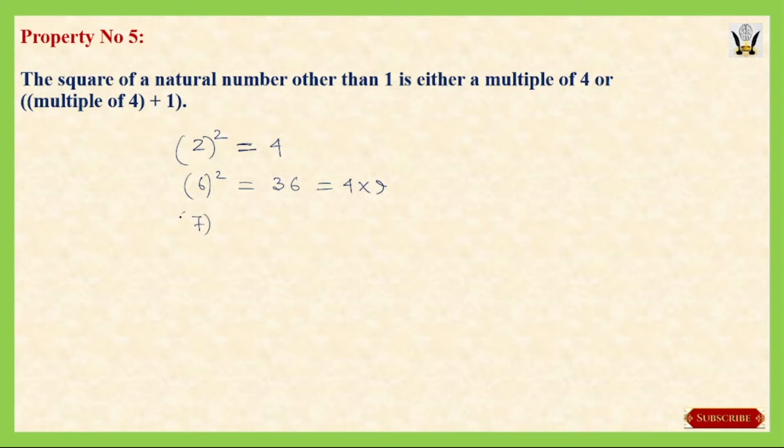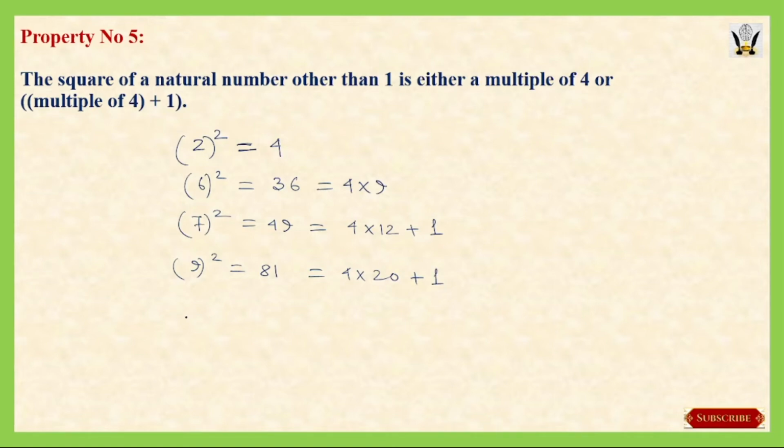Now if I choose 7, then it will be 49. So 49 means 4 12s are 48, then plus 1. Now if I take 9, then it will be 81. 81 means what? 4 20s are 80, then plus 1. Fine.